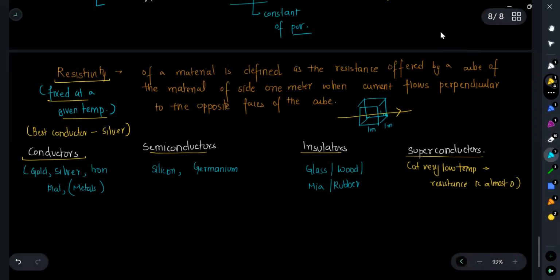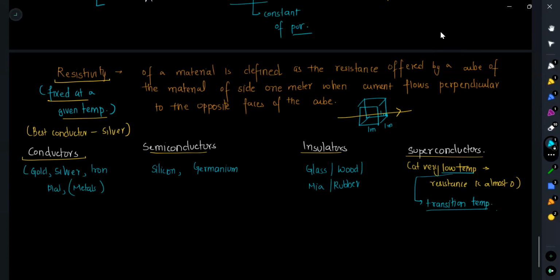The temperature at which this happens is known as transition temperature. So some of the metals which generally have even poor conductivity at low temperatures can act like superconductors.